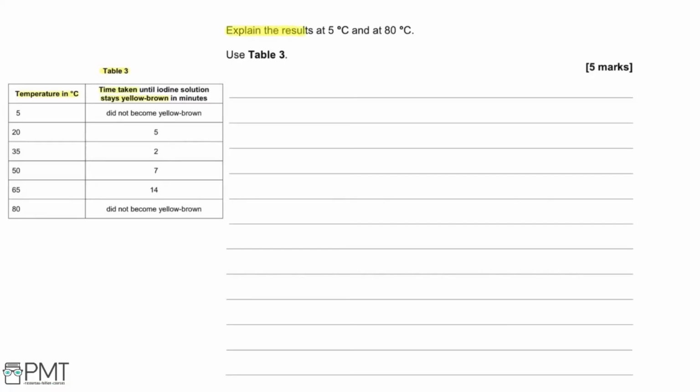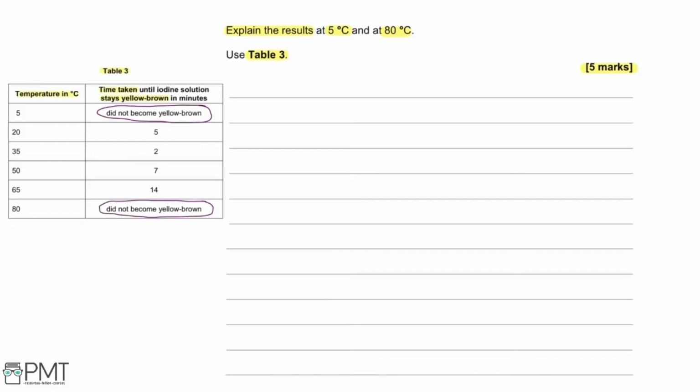Explain the results at 5 degrees C and at 80 degrees C. Use table 3, and this question is worth 5 marks. So we have a copy of table 3 on the left, and we can see that at 5 degrees C and at 80 degrees C, the solution did not become yellow-brown at all.